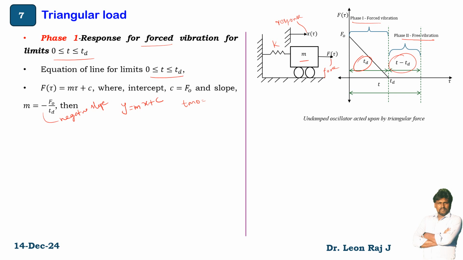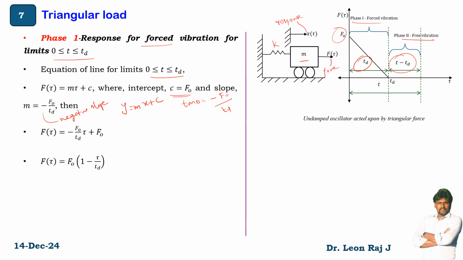tan theta is equal to opposite side by adjacent side, f0 by td. So the horizontal distance is td and the vertical distance is f0, and the intercept c equals f0. This is the intercept. So f of tau equal to minus f0 by td tau plus f0.